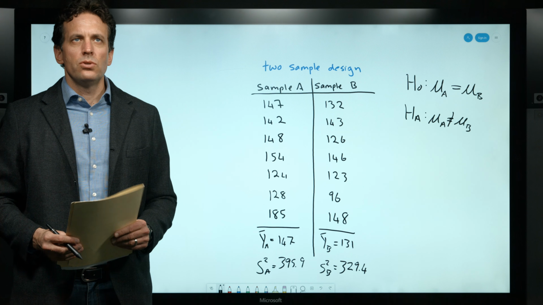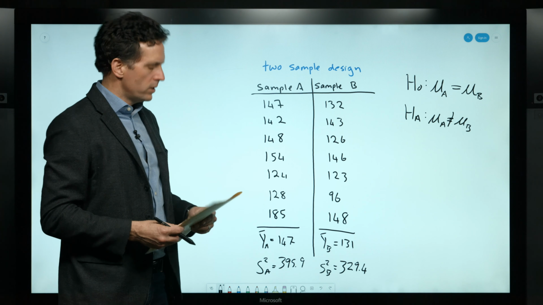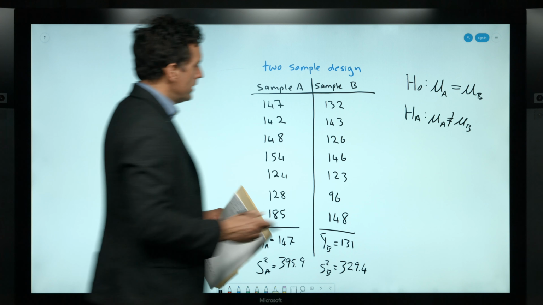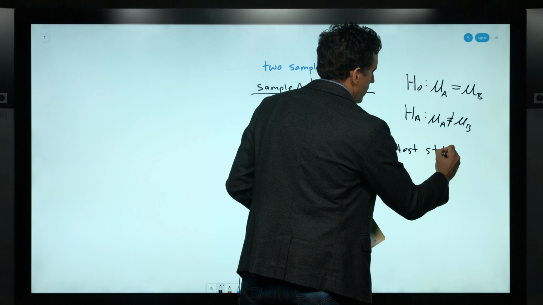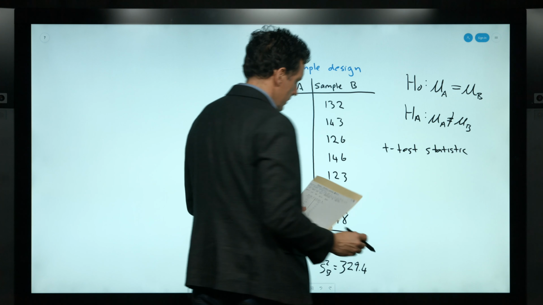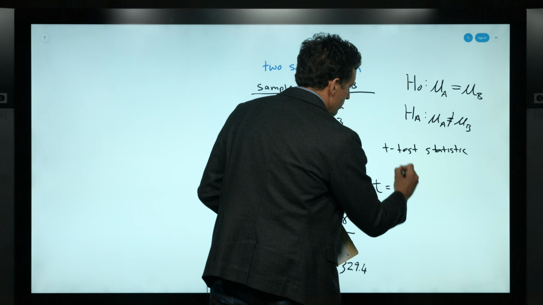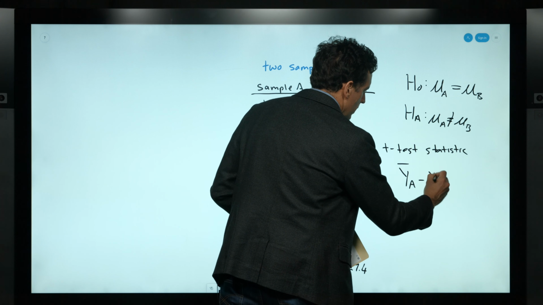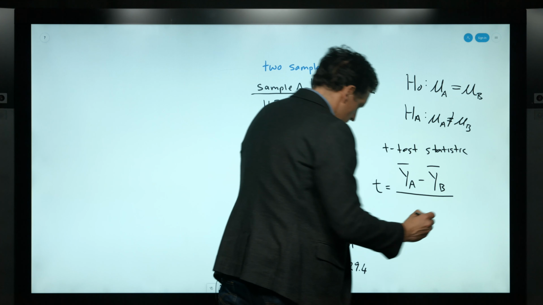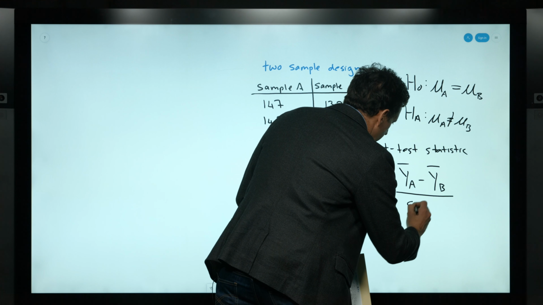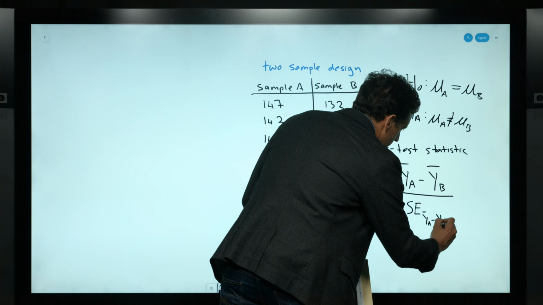And so now we need to calculate the t-test statistic for our 2-sample design. And the way that we do that, unlike the paired sample design, is that we calculate t as being the difference between the 2 sample means, divided in this case by the standard error of the difference in the means.